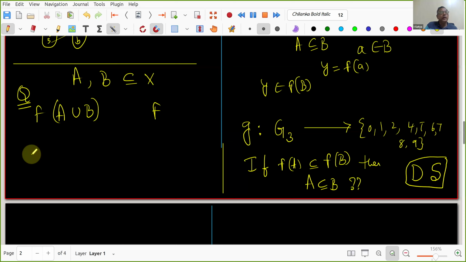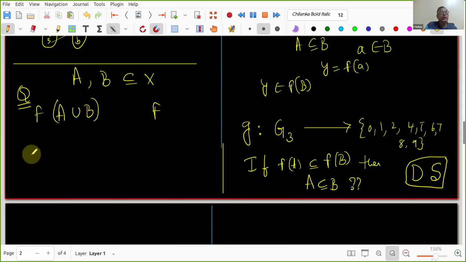From these two, what can we say again? When you come across this, you ask this question: if A is a subset of D and B is a subset of D, that means all elements of A and all elements of B are in D. Then what natural question will come to us? Their intersection will be a subset of D?